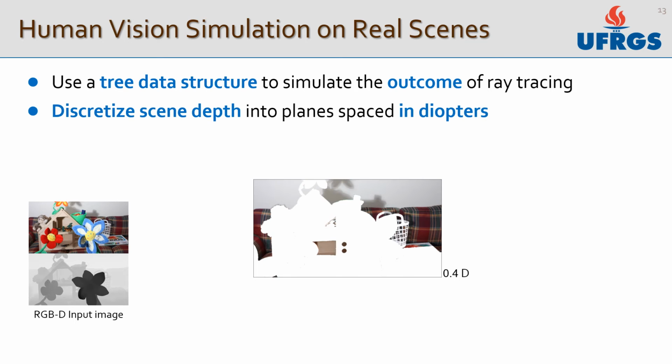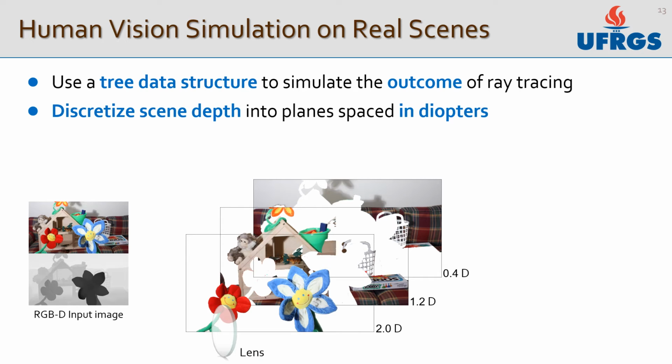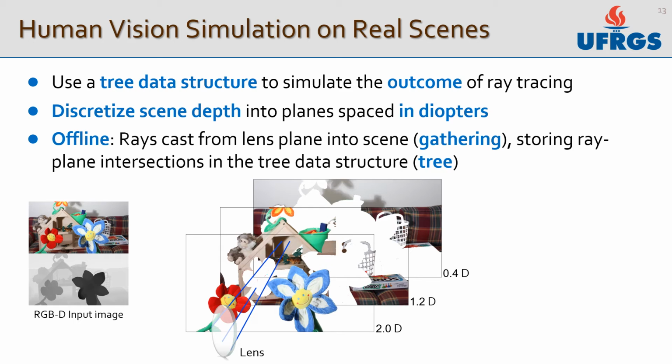In order to do that, we discretize our scene into several planes, regularly spaced in diopters, and in an offline step, we perform the ray casting from the lens plane to an arbitrary virtual scene, recording ray plane intersection information in that tree to be used during runtime.